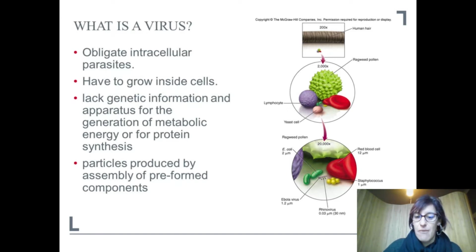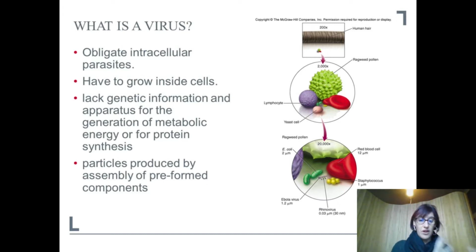But what we can see if we magnify to 20,000 times here is the comparative sizes of viruses and bacteria. So bacteria are much, much larger than viruses, typically about 1 micrometer in size. So you can see, for example, here some Staphylococcus and some E. coli, but you can also see examples of some Ebola just here.